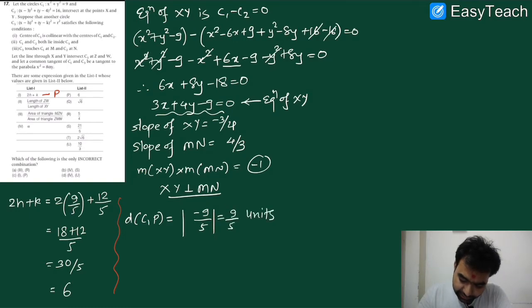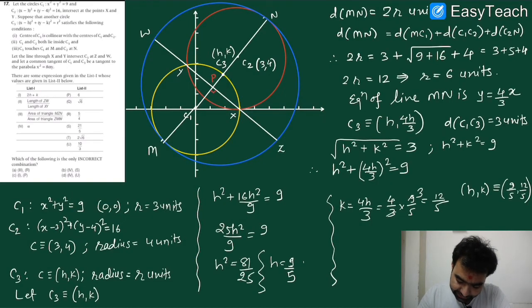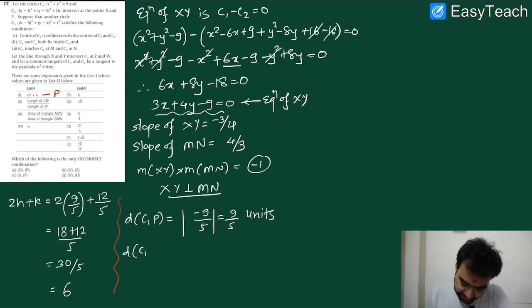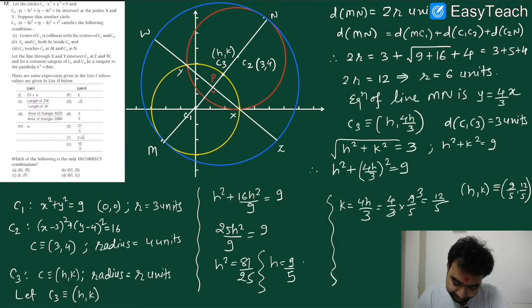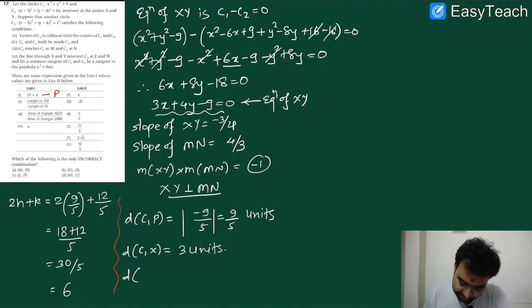I know that length of C1X is equal to the radius of the first circle, that is 3 units. So I can easily calculate the distance of PX, that is under root of 9 minus 81 by 25, so that will be 12 by 5 units.